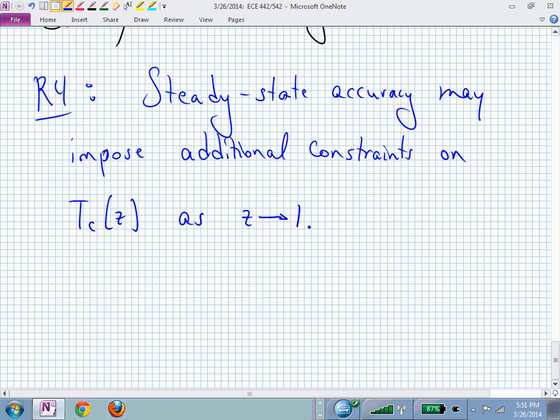Let's just look at what I might mean by that before we get into a full-blown example. Let's say example of R4, restriction 4.